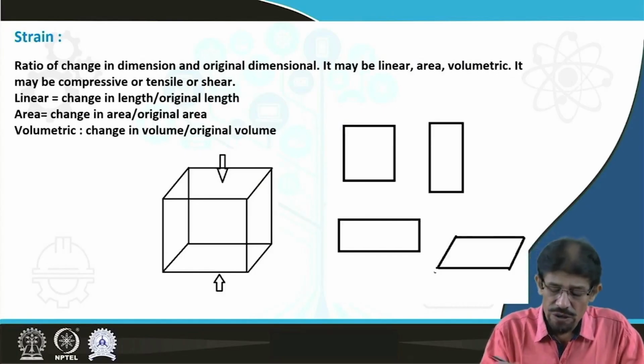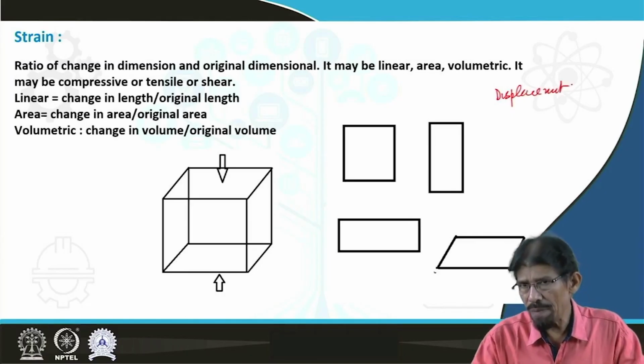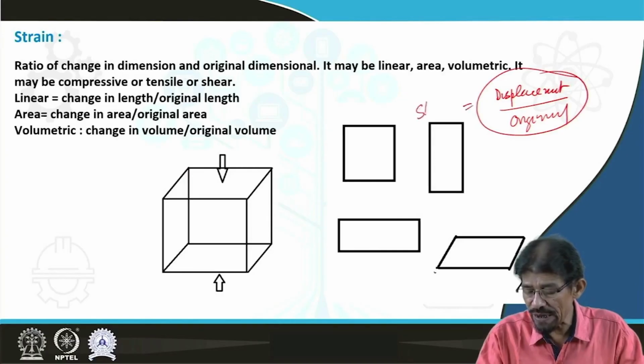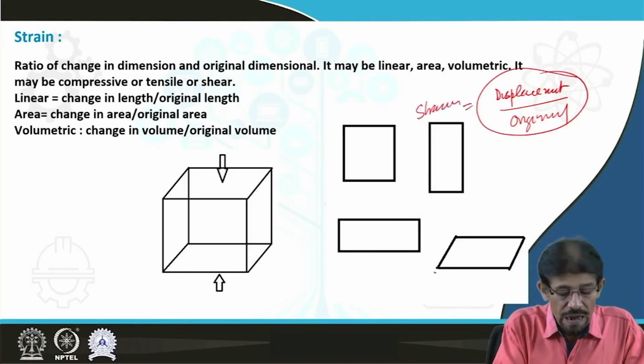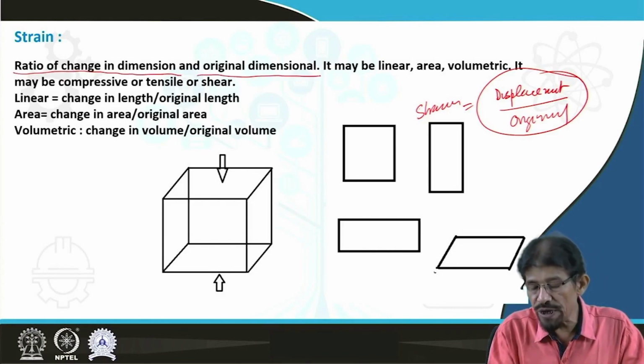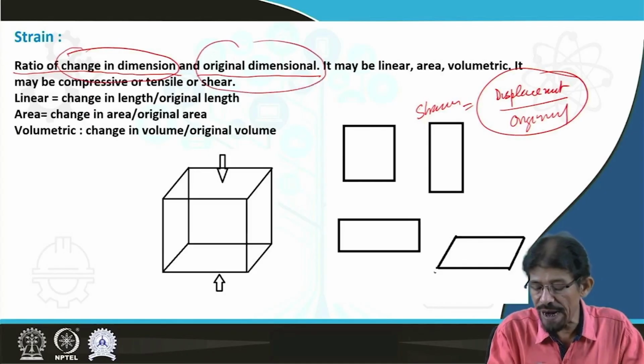If we see the displacement of a noted point with respect to the original, then we call it strain. Strain is the ratio of change in dimension to original dimension.